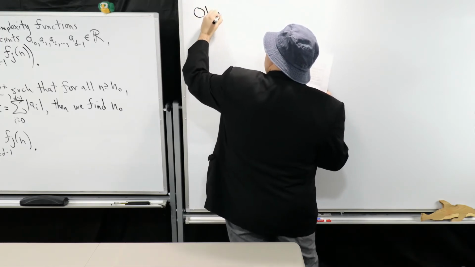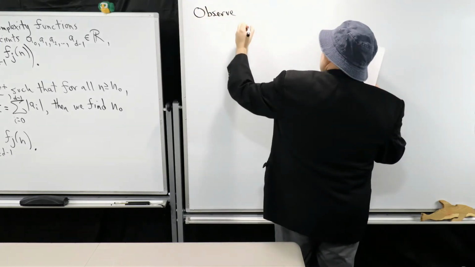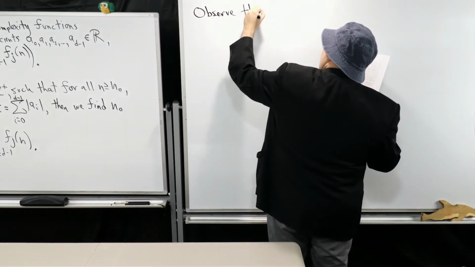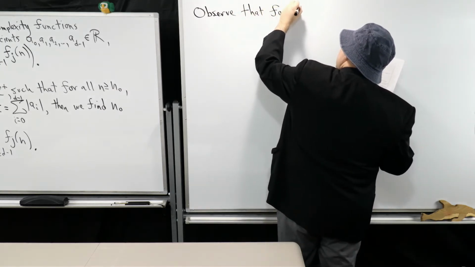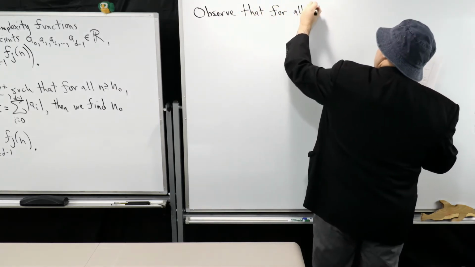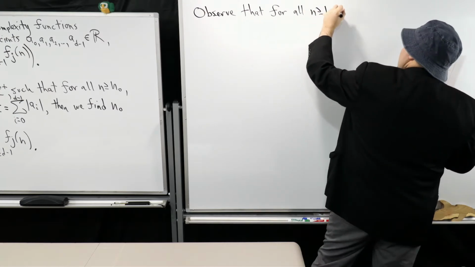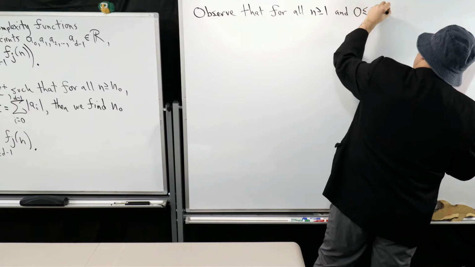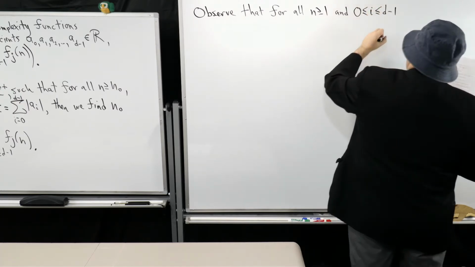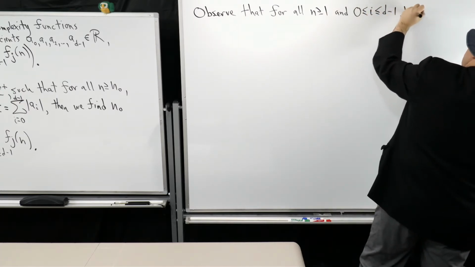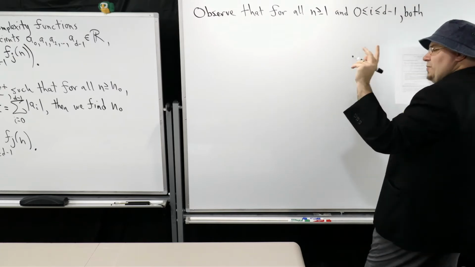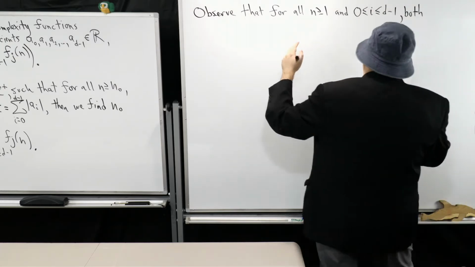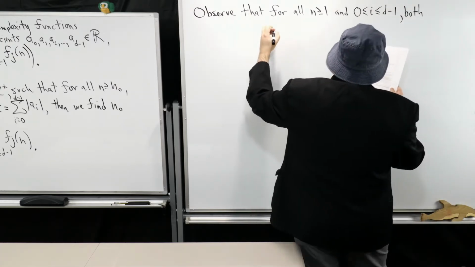So I'm going to observe that for all n greater or equal to 1 and 0 is less than or equal to i is less than or equal to d minus 1, both of the following two statements are true for these two quantities here.